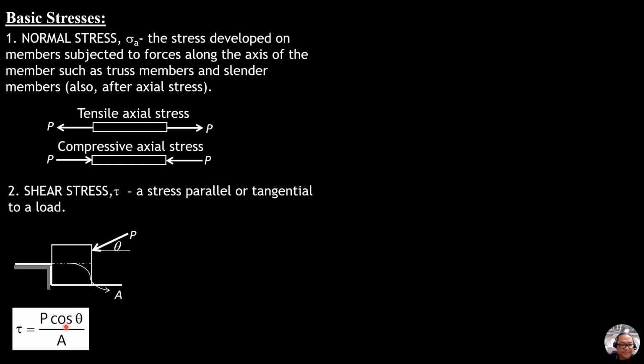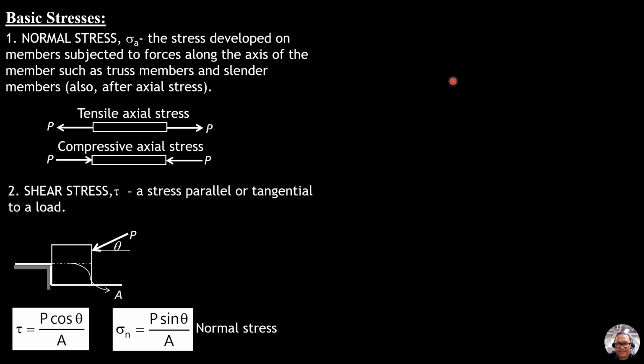So shear stress is P cosine theta divided by area, while the normal stress is P sine theta, the vertical component, divided by area. So that's the normal stress.